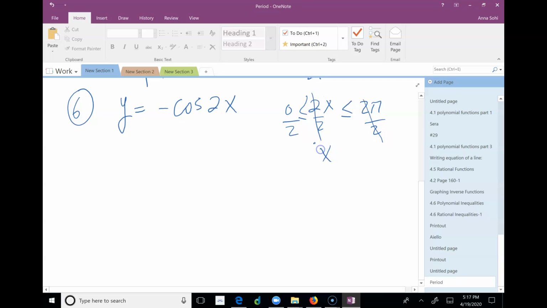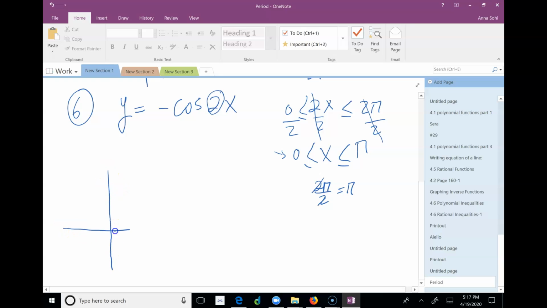And in reality, that is the period of cosine 2x, because if you were using the formula of 2 pi over b, you would get pi as well. So you can do it either way. I would say this one works for everything, so use that.